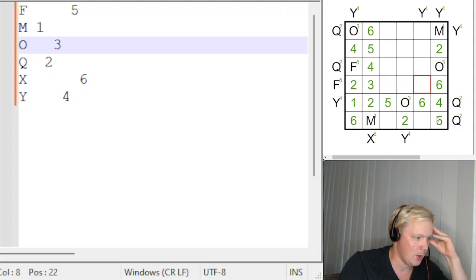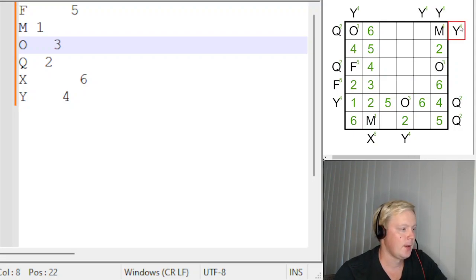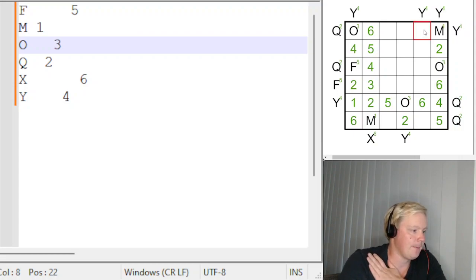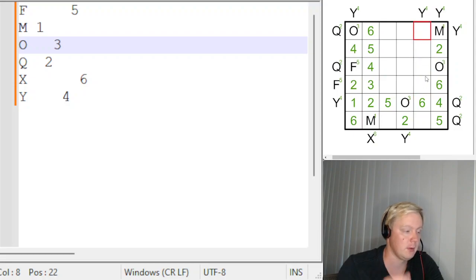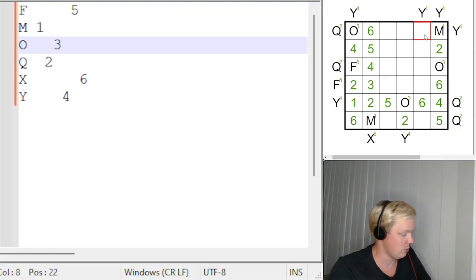What about this 4 here? What can this number be? Now remember, we have a 4 here, so it can't be 4, 5, or 6. 3 would work. 3, 4, 5, 6 would be the visible towers. 3 would work, but we already have a 1 and 3. So the only remaining number that this can be is 2.